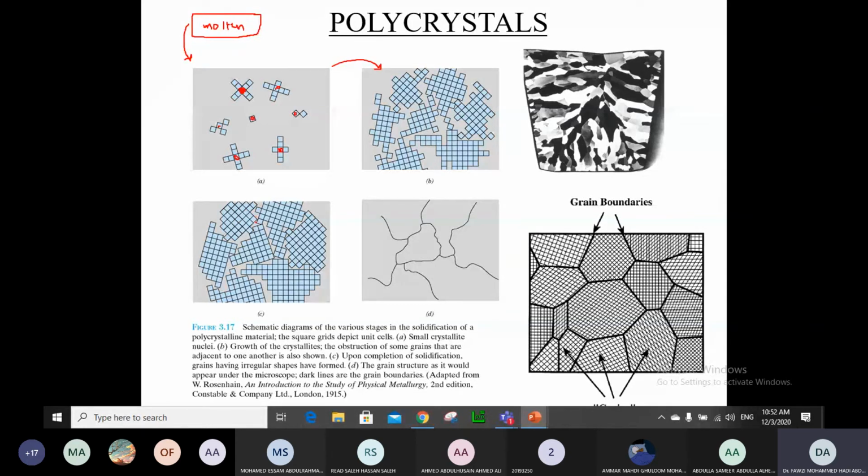There is a mismatch between the orientation of these atoms and the orientation of these atoms. So there is an imperfection happening here, and the bonding is not perfect there, because the orientations are different, and that's why the material develops different crystals.